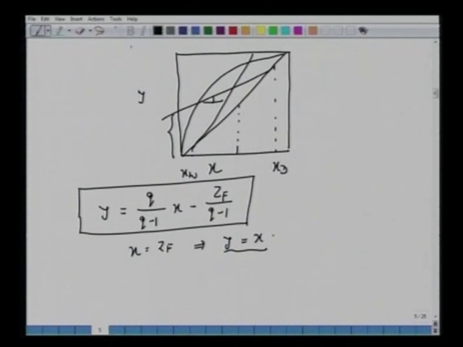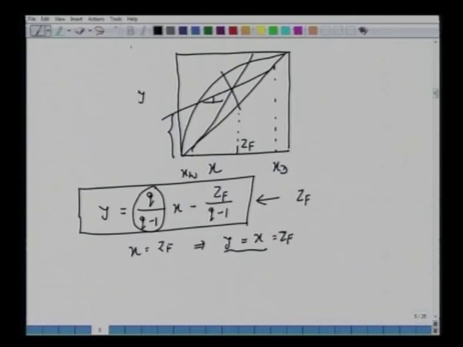So all it means y equal to x equal to ZF. All it means the ZF line coordinate also satisfies this operating line. That means from ZF, if you draw with the slope of Q over Q minus 1, or intercept of minus ZF by Q minus 1, one should be able to convince yourself that this line will be passing through this. So this is your ZF mark.